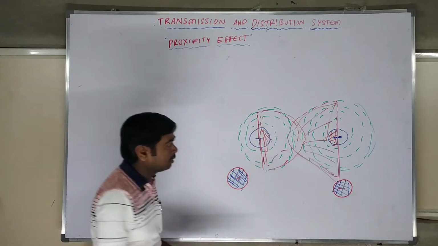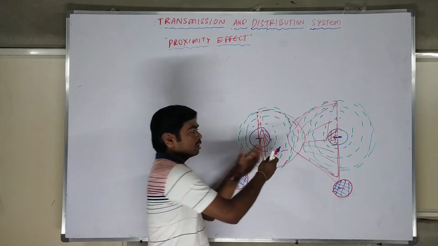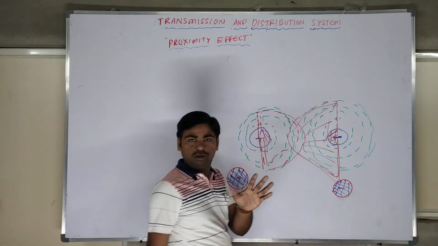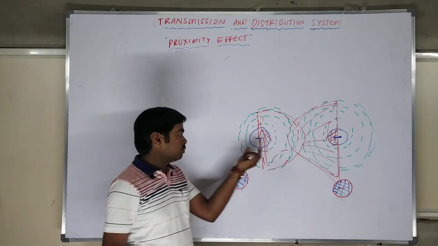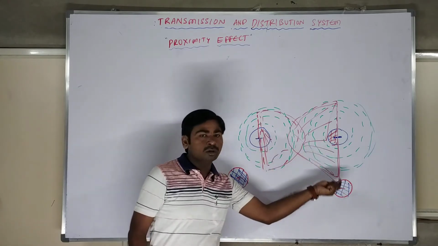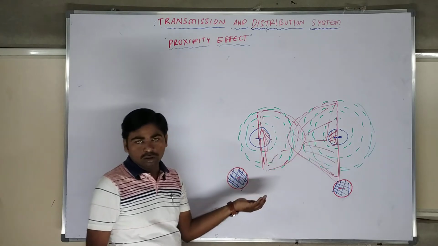It means that when the two conductors are very far away, there is no effect. When the conductors come nearer, the positive conductor attracts the current towards the negative, and the negative conductor's current is attracted towards the positive.